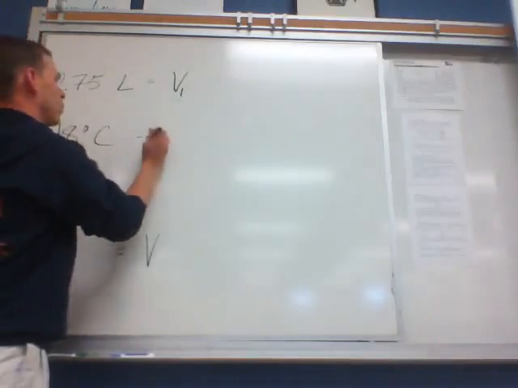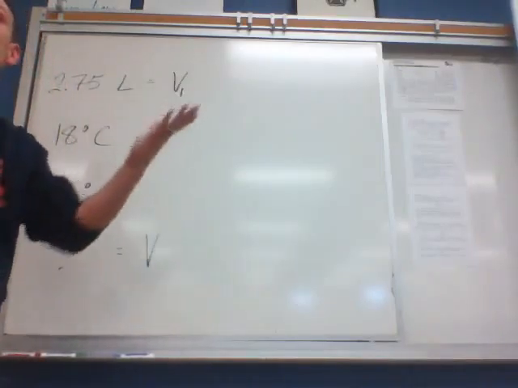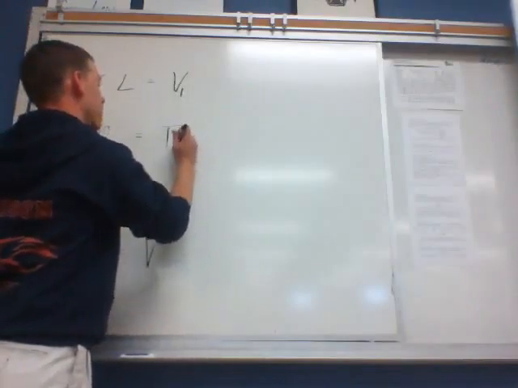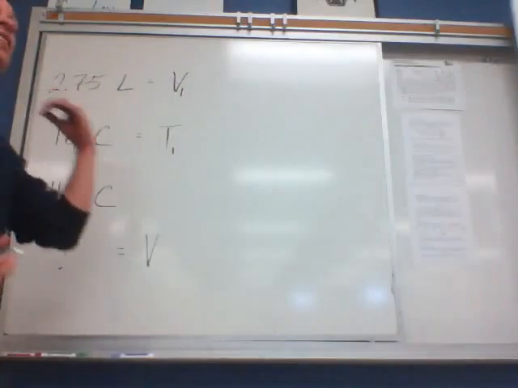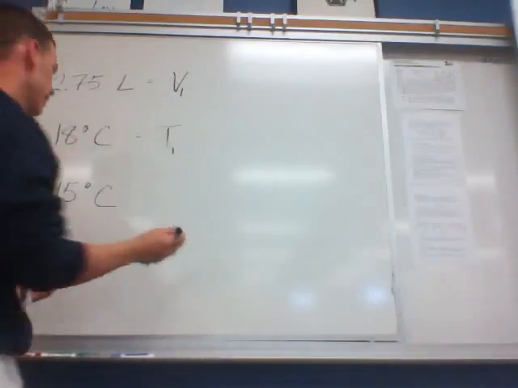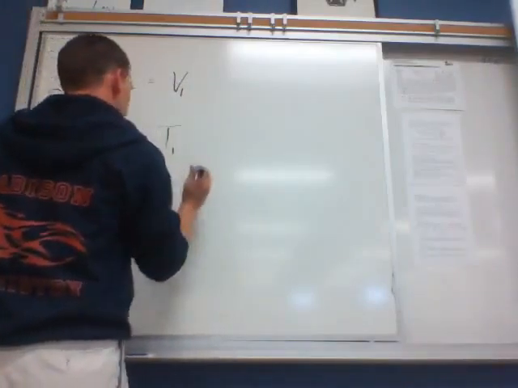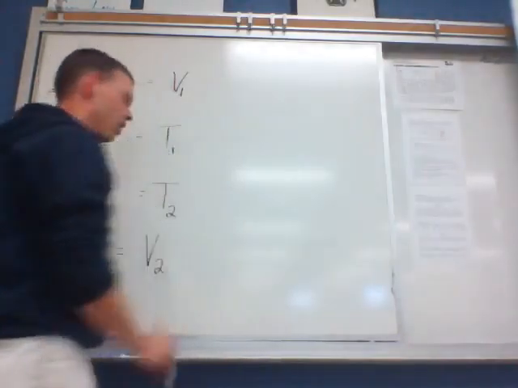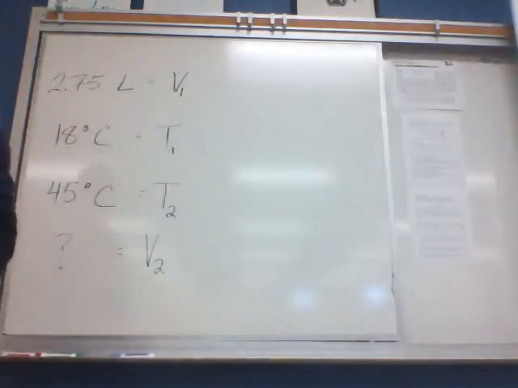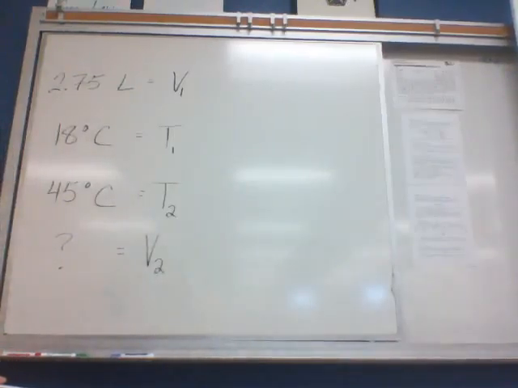What about degrees Celsius? What is that units of? Temperature. And that is the first temperature in the list. But then we have another degrees Celsius. So it's still temperature, but that's the second temperature in the list, and we want to know that final volume.